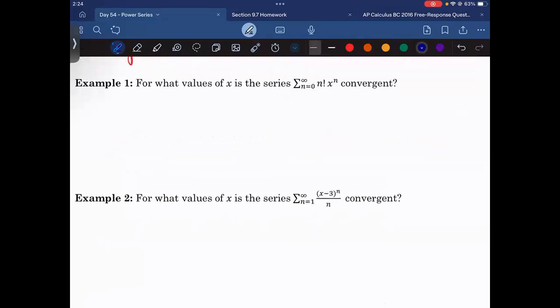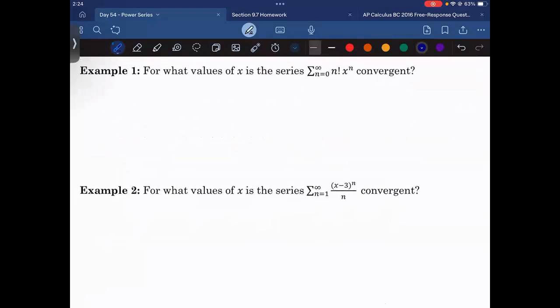So our first example: for what values of x is the series n factorial x to the n convergent? I'm going to do the ratio test. Nice and easy. We have (n plus 1) factorial and then x to the n plus 1, and the bottom is our original.